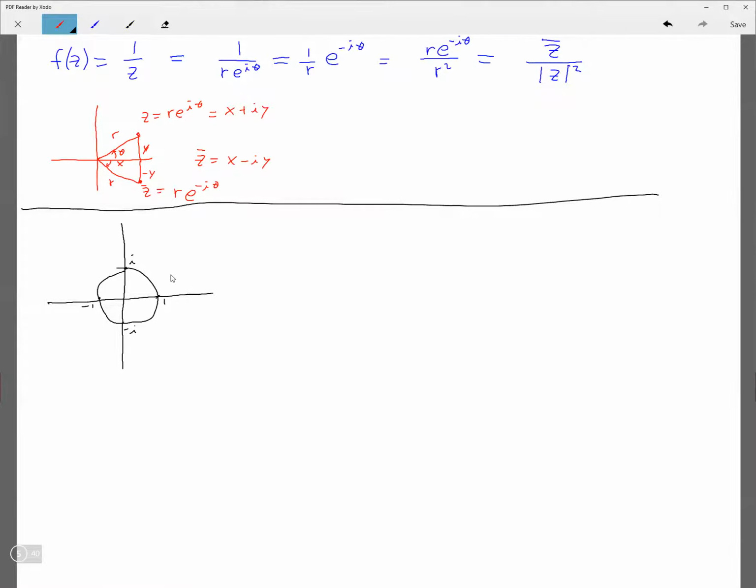Let's start with this first value right here, and this value right there. We're going to take these points and map them under the reciprocal transformation mapping. Over here we have the image. What happens to each of those points?